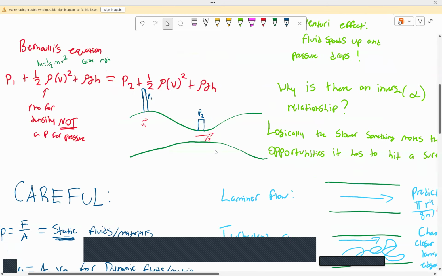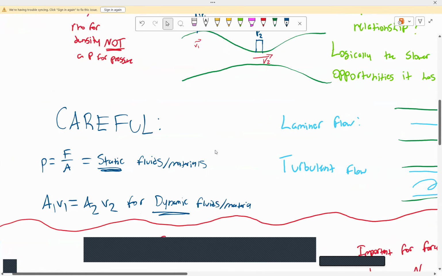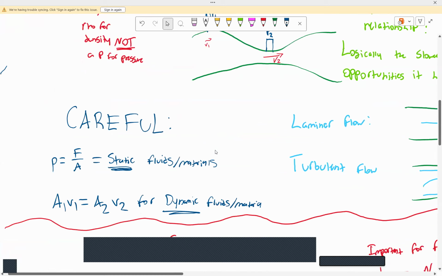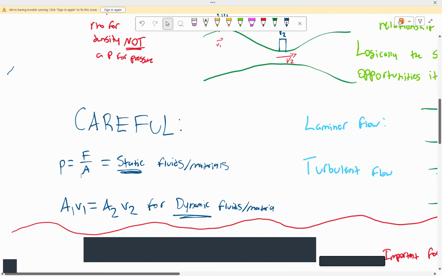This is something that I just want to point out for Bernoulli's equation, and it wasn't necessarily pointed out to me by my teacher when I took physics. I got really confused because I always thought that pressure was equal to force over area, which is true, but this is for static fluids and materials. So I was always really confused why, if you were to decrease area, the pressure decreases instead of increases, because area is in the denominator.